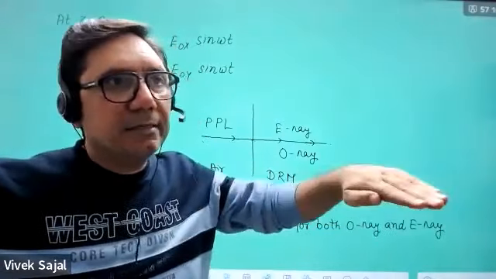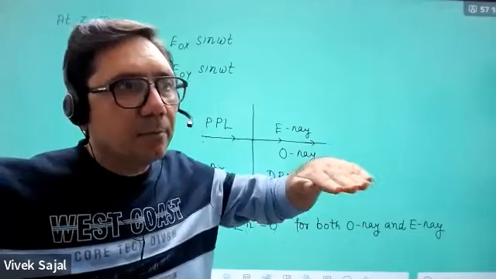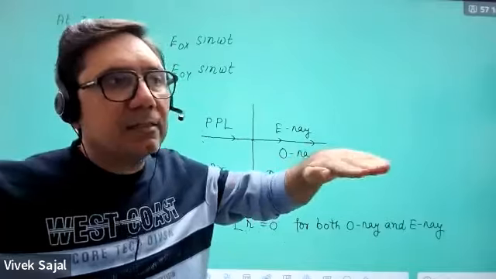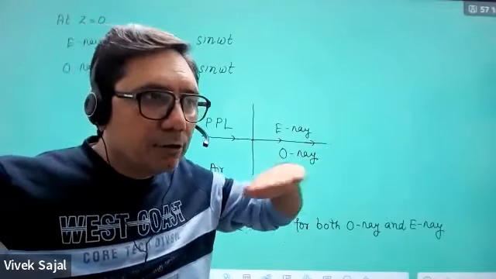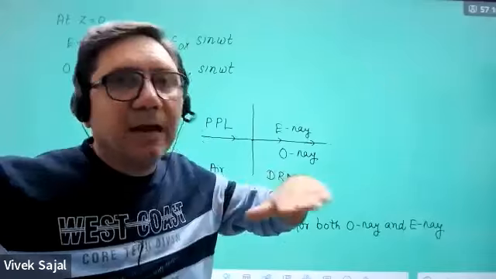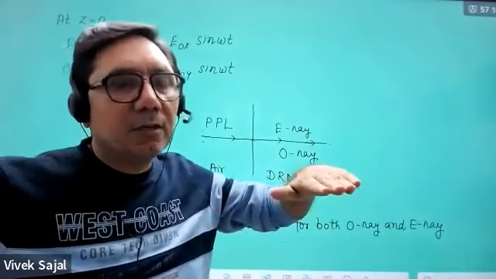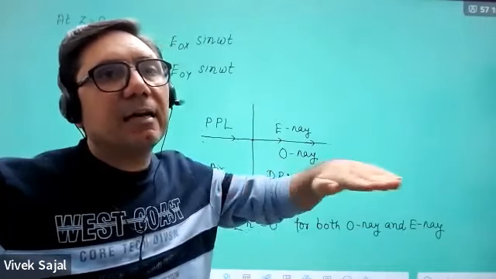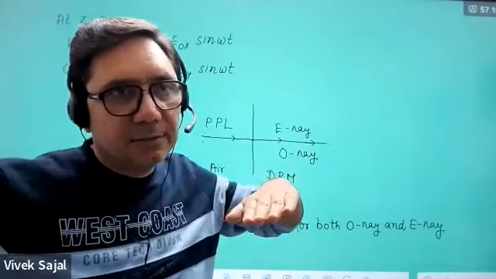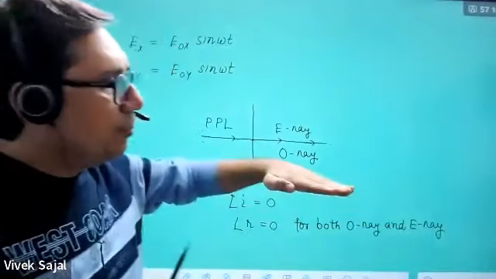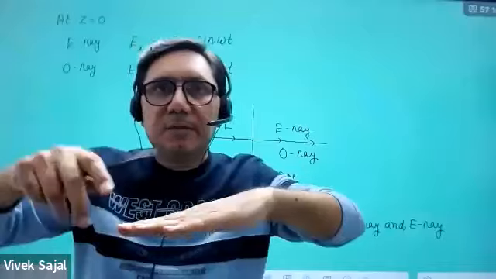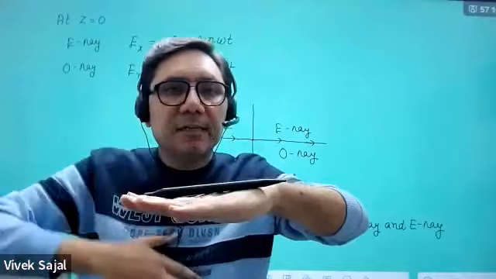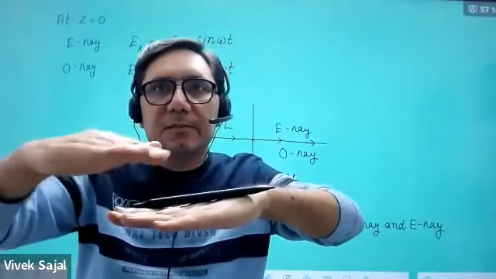Principal section is the plane which is parallel to the propagation direction of the incident light, and it also consists of, or is parallel to, the optic axis. So E ray is the ray whose electric vector is parallel to the principal section. Suppose this is your principal section. This optic axis will always lie in the principal section.